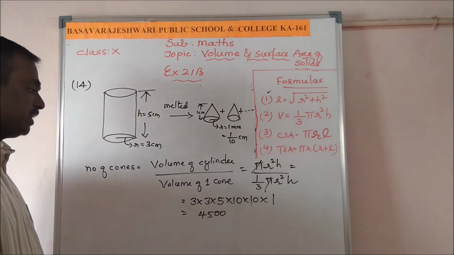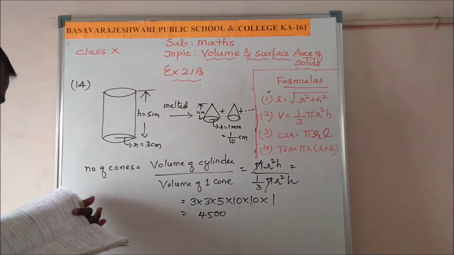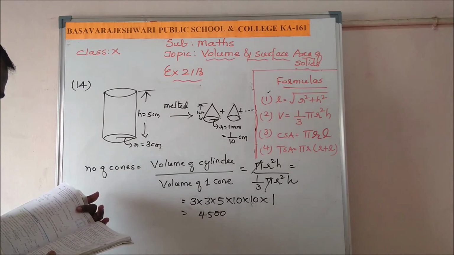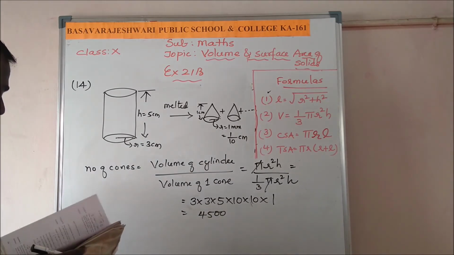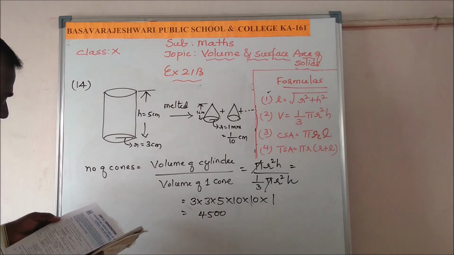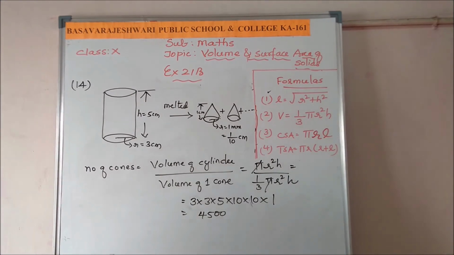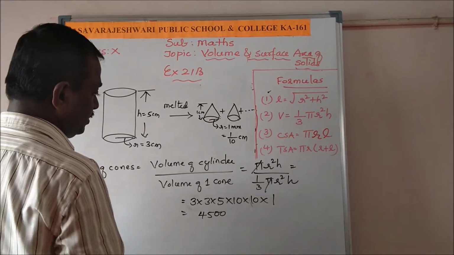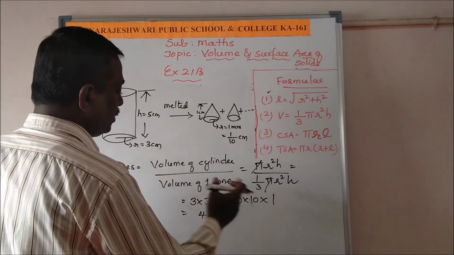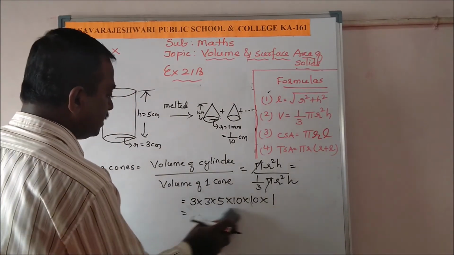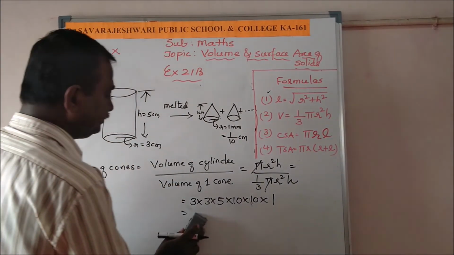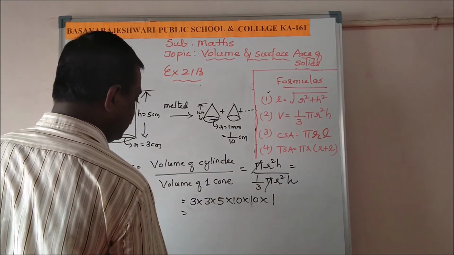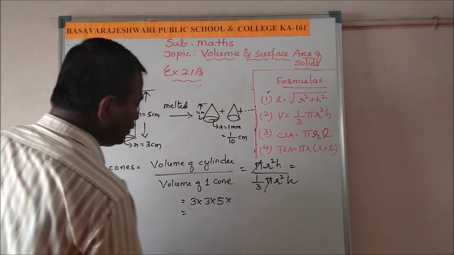So 9 5s are 45. Volume of the cylinder is pi r square h, that we know. Pi into r square means 3 into 3 into h is 5 centimeter, divided by 1 by 3. Oh, the 1 by 3 is here, I left that.